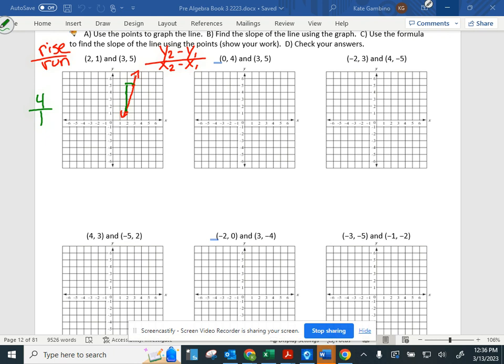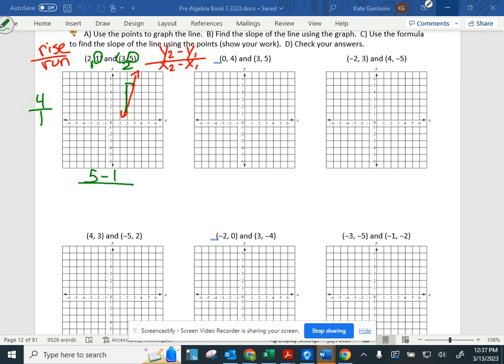Now I'm going to use my new formula and see if I get the same answer. So I'm going to call this ordered pair my 1s, this one's my 2s. Doesn't matter which way we do it, but I just picked it this way. So my y2 is 5, minus my y1, which was 1.